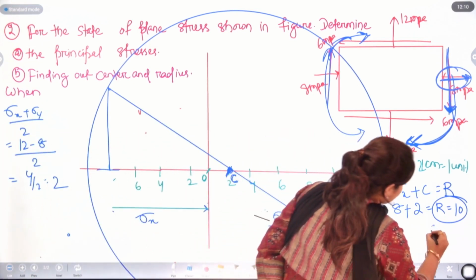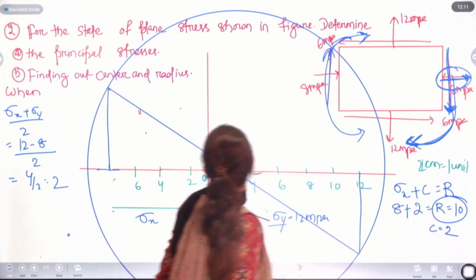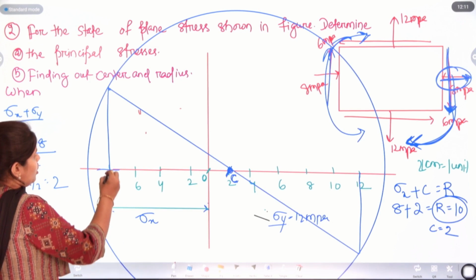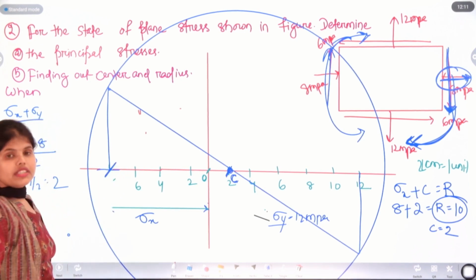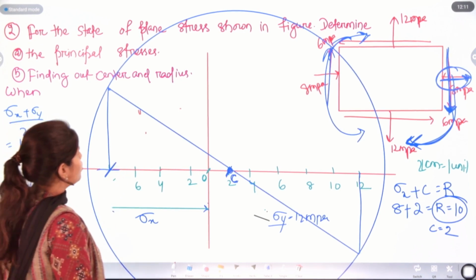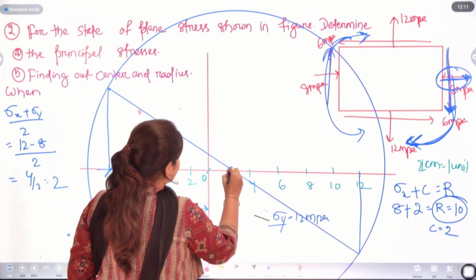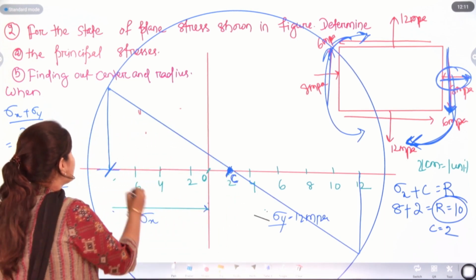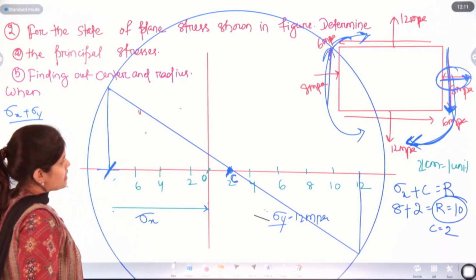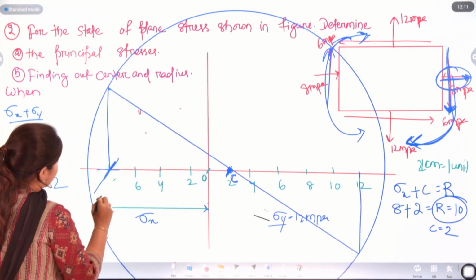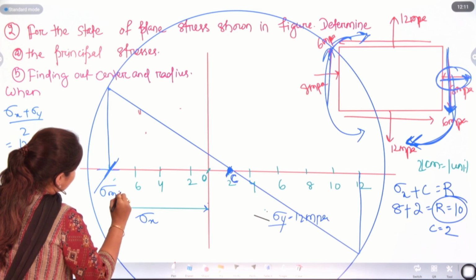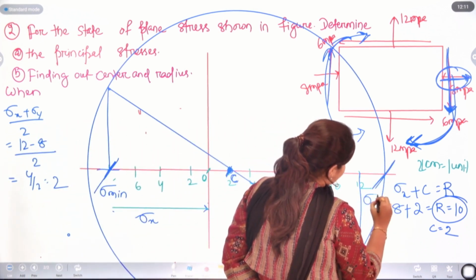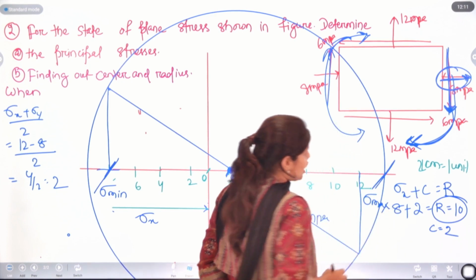C is 2. So, the principal stresses, in case the shear stress is 0, then we can find out the principal stresses. Here we will have sigma minimum and at this point we will get sigma maximum.